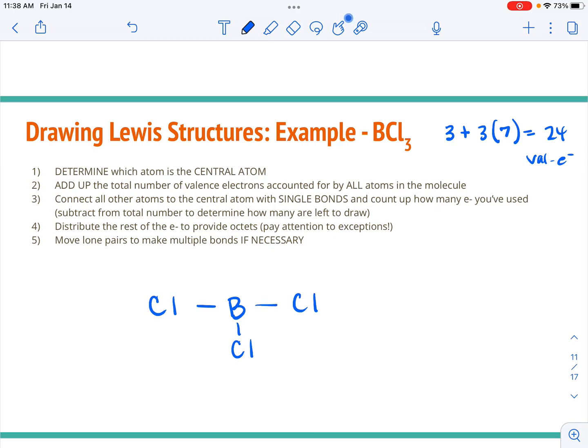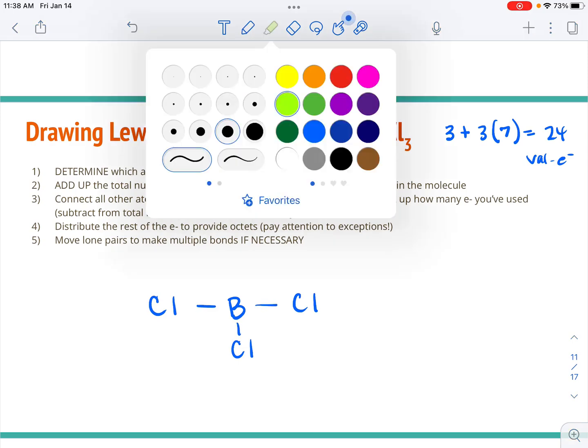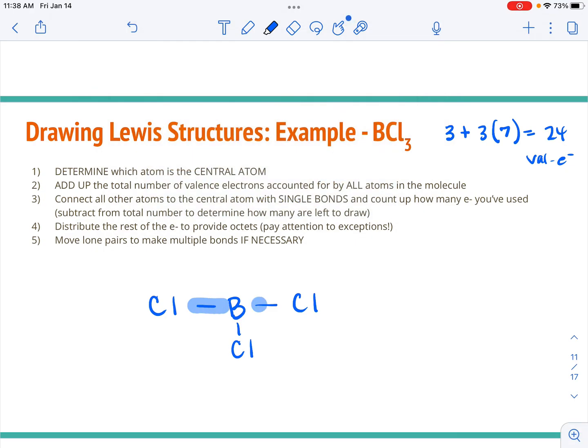I'm going to single bond the chlorines to the boron, so that accounts for 2, 4, 6. And now I'm going to add electrons to my terminal atoms and see what happens. I'm going to add them in pairs. So that was 6, 8, 10, 12, 14, 16, 18, 20, 22, 24.